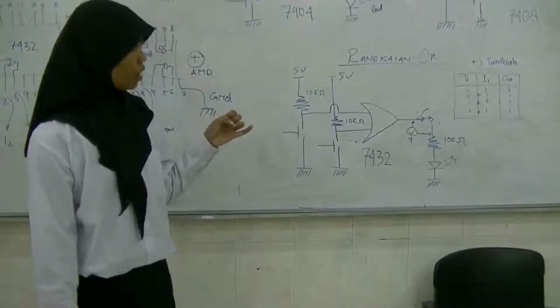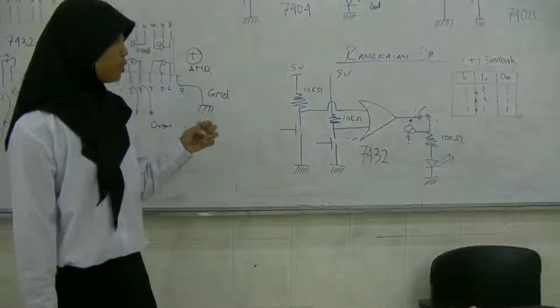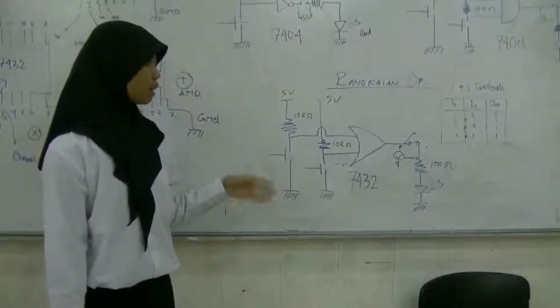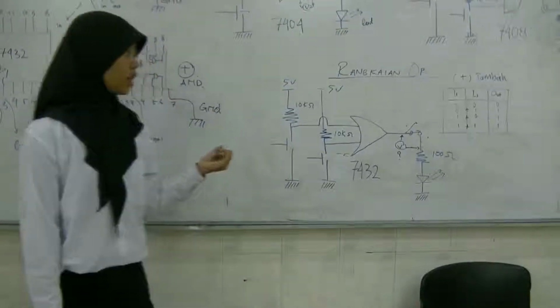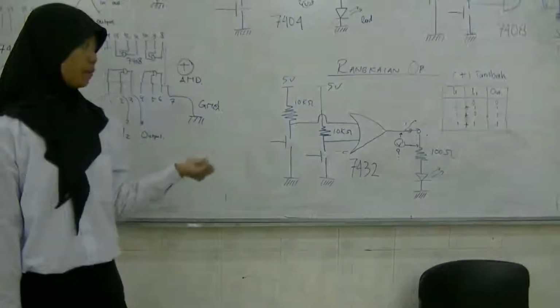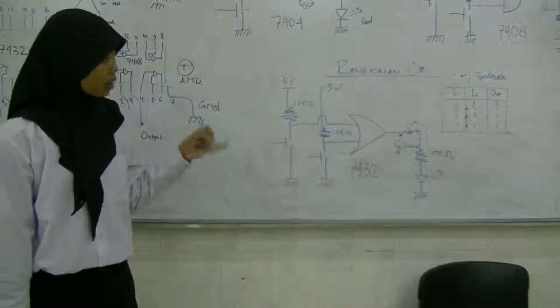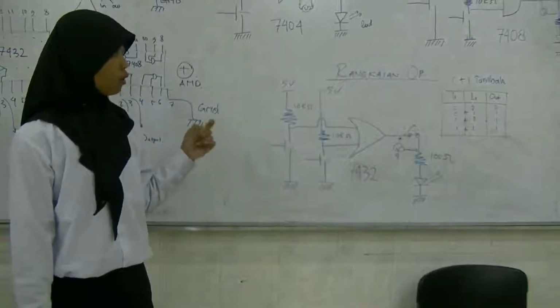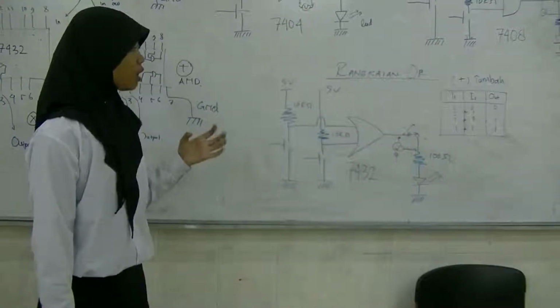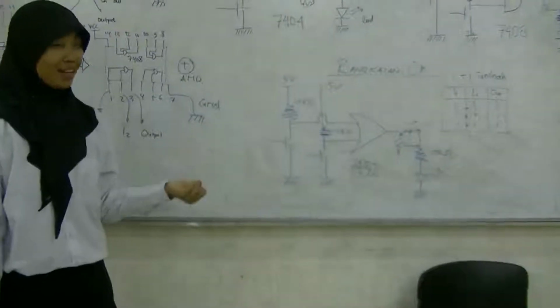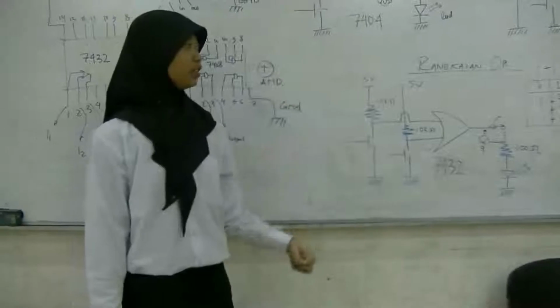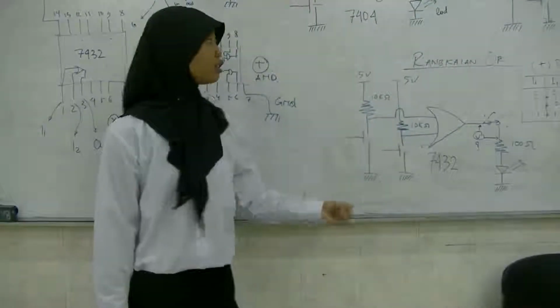And then when we give the first input high and the second input low, we will get the output high. And when we give the first input high and the second input high, we will get the output high too.